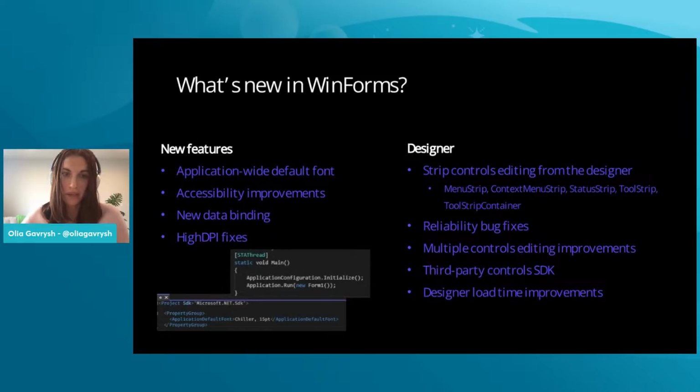I'm talking to many of our users and trying to define what is the data binding scenario of the future for WinForms. Also, high DPI issues within latest .NET, with latest Visual Studio. High DPI improvements are all over the place, and we made WinForms much better compatible with 4K monitors, etc.